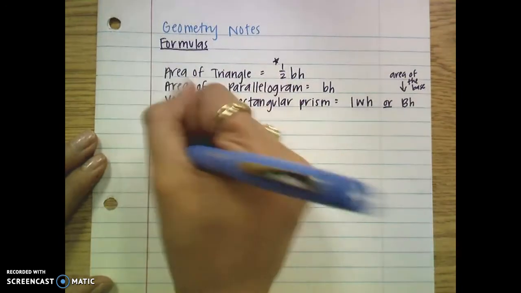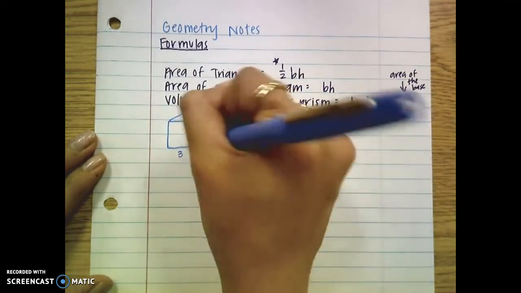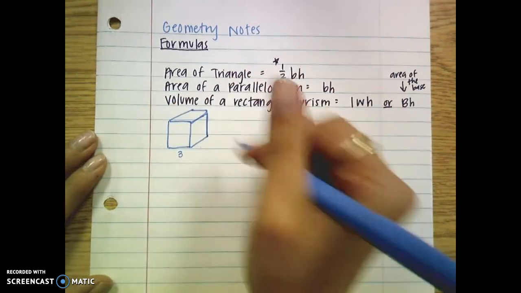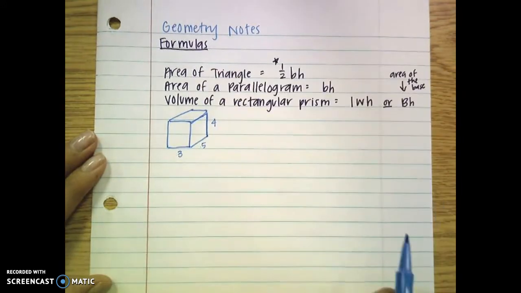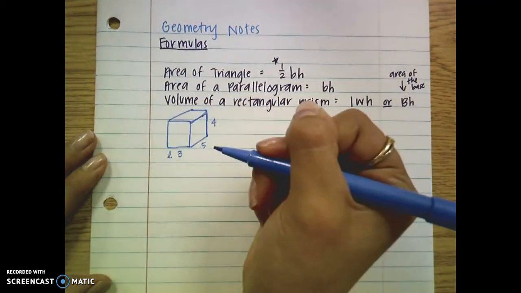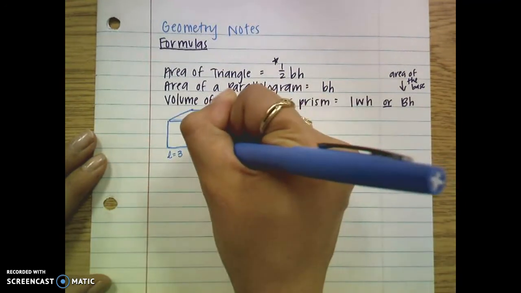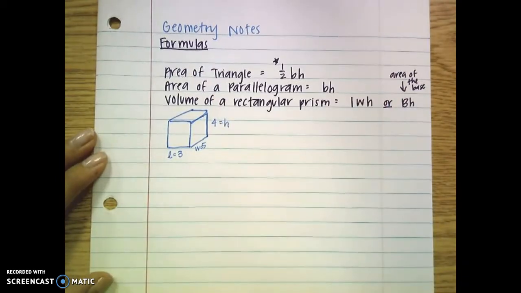But I knew that this front measurement was 3. This side measurement going back is 5. And the height was 4. So length equals 3, my width equals 5, and my height equals 4.